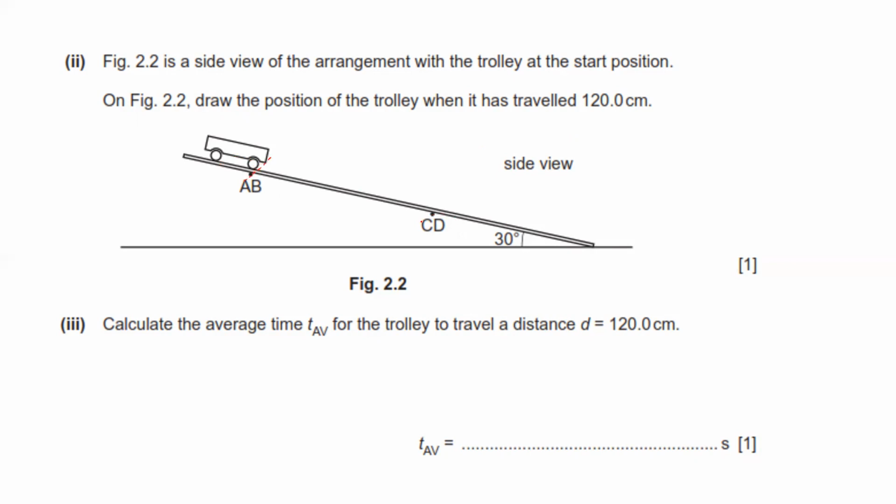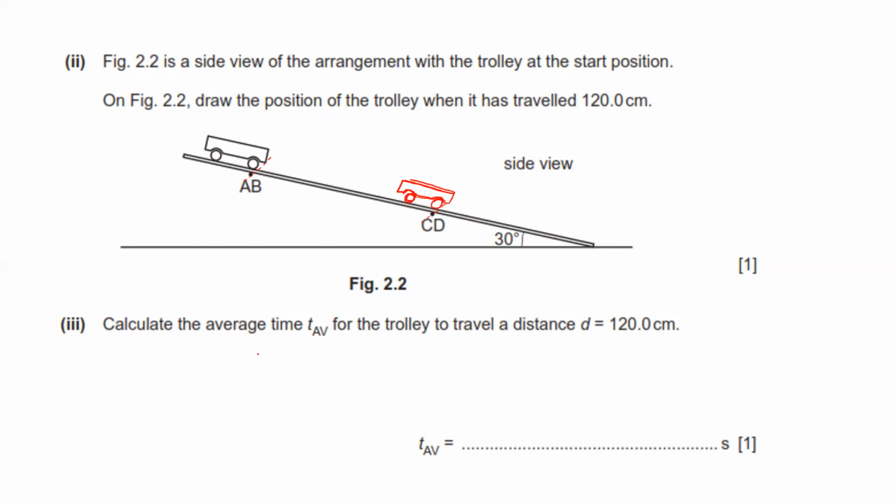The first wheel should be crossing over here. So the trolley would be looking something like this. Something like this would be the location of the trolley.